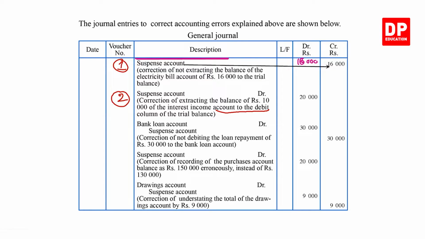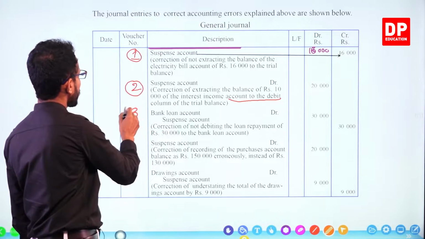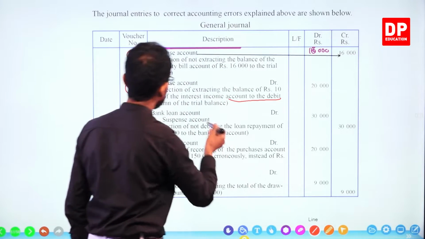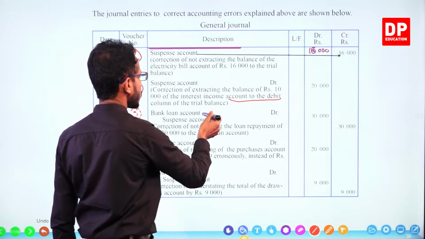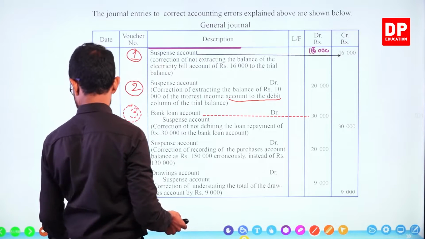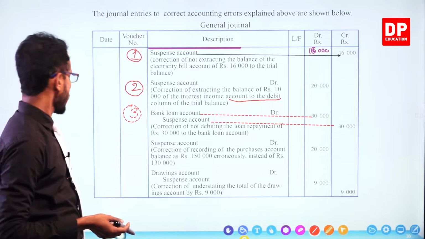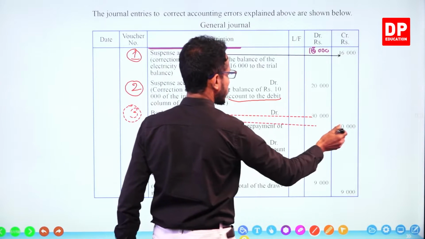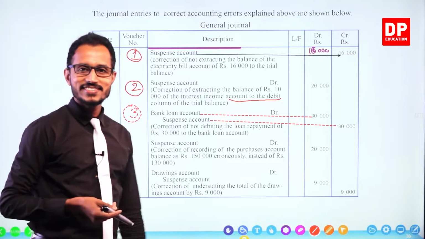Third error. Bank loan account debit, suspense account credit. Yeah, my lines are getting a little out of place.